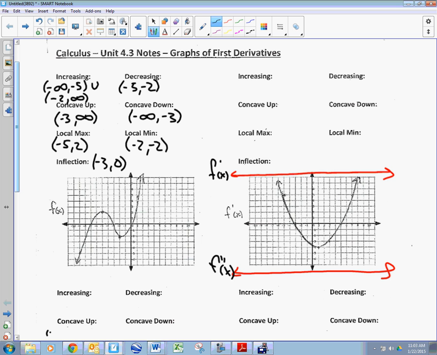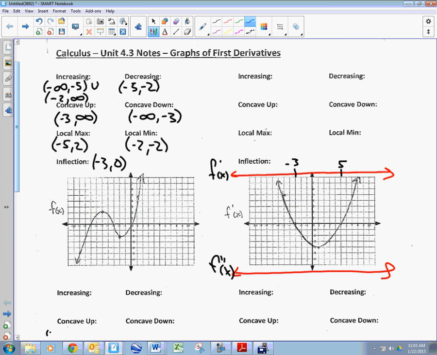So I'm going to mark -3 and I'm going to mark +5. This is f prime. These two graphs have no relation back and forth. I'm making a new one.